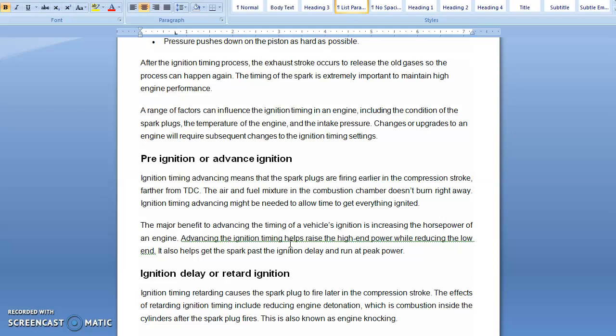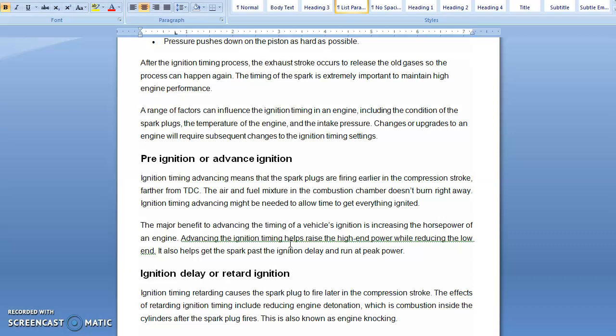In pre-ignition, what is the definition? During the compression stroke, the piston is moving from BDC towards TDC, but it has still not reached TDC. Before it does, if the spark plug ignites the compressed air-fuel mixture, then it is named pre-ignition, because when it just reaches TDC, if it ignites the air-fuel mixture at that particular time, then it is known as ignition timing.